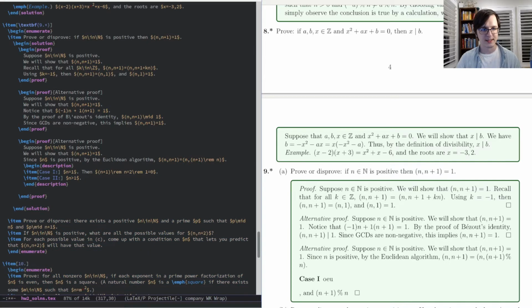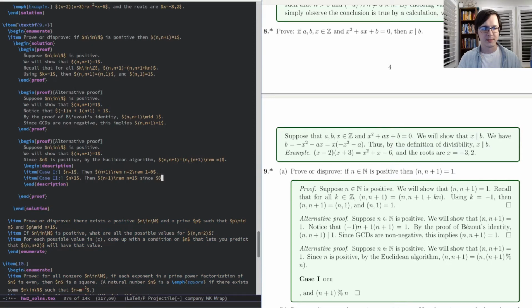I just want to write something here. N plus 1 remainder n is equal to, let's see, how can I argue this? Well, it's 1.